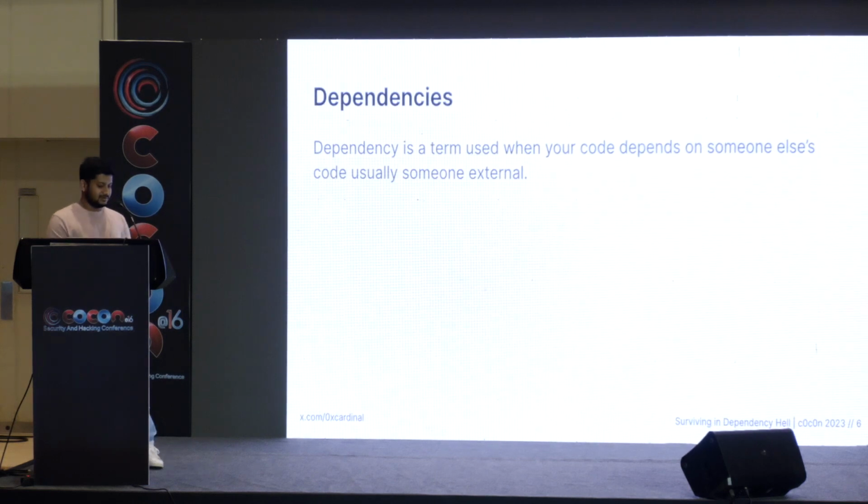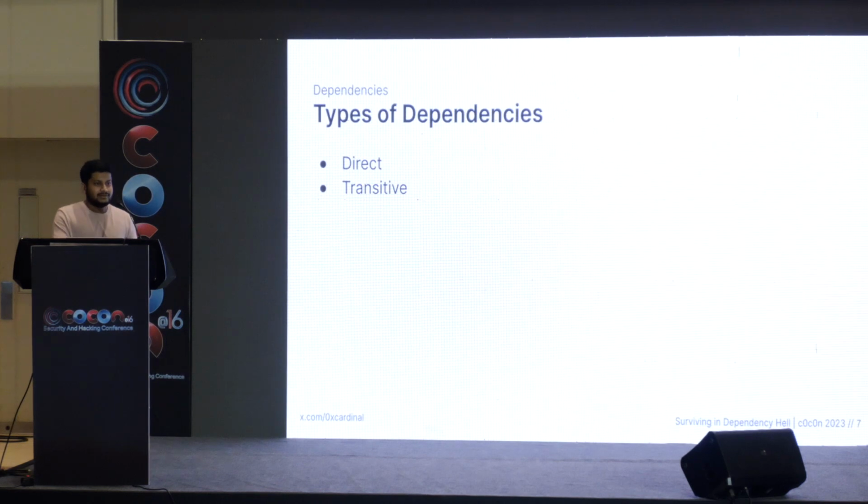Dependency is when, while writing code, we depend on someone else's modules or piece of code to run in our ecosystem. There are two types of dependencies. One is direct, and the other one is transitive.